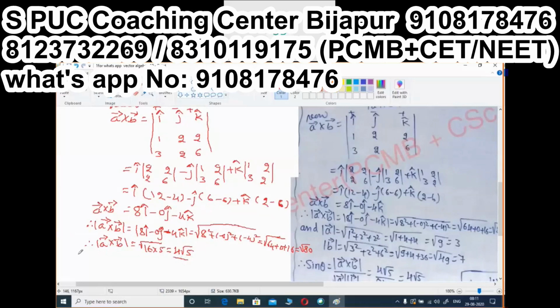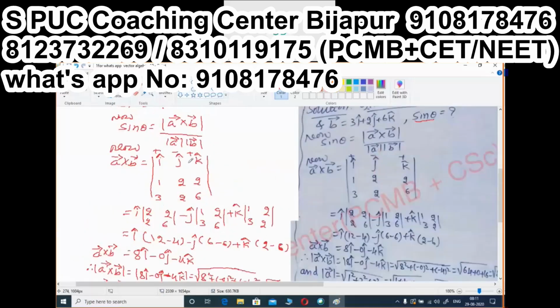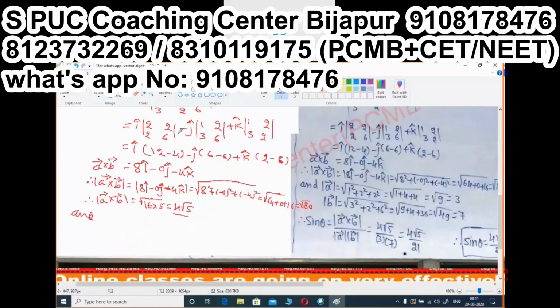Then what is the next? If you observe this formula, you calculated the modulus of a vector cross b vector, then you need to calculate the modulus of a and the modulus of b. Once you get all those, you substitute in this, you are going to get the required sine of the angle between them. Concerning the modulus of a, what is a vector?